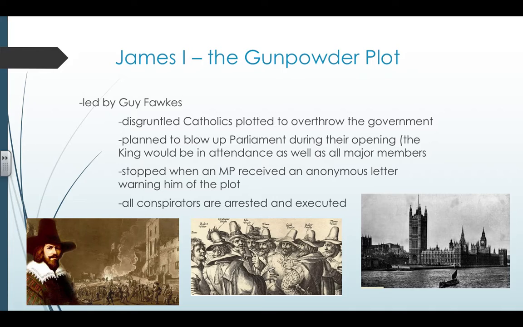And so the Catholics were hoping, since he came from Scotland and had a history of Catholicism in his family, that he would be a little more open to Catholics gaining more rights and to Catholicism expanding in England. So when James became king, and James did not show really any sympathy to the Catholics, they got angry, and so they plotted to overthrow the government. Because what else do you do when you're angry?